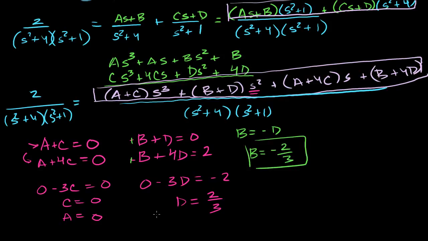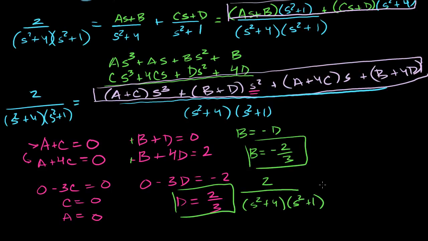Let's remember all of this and go back to our original problem. So let me just be clear. So we can rewrite 2 over s squared plus 4 times s squared plus 1, we can rewrite this as, well, a is 0, b is minus 2/3. So this is equal to minus 2/3 over s squared plus 4.